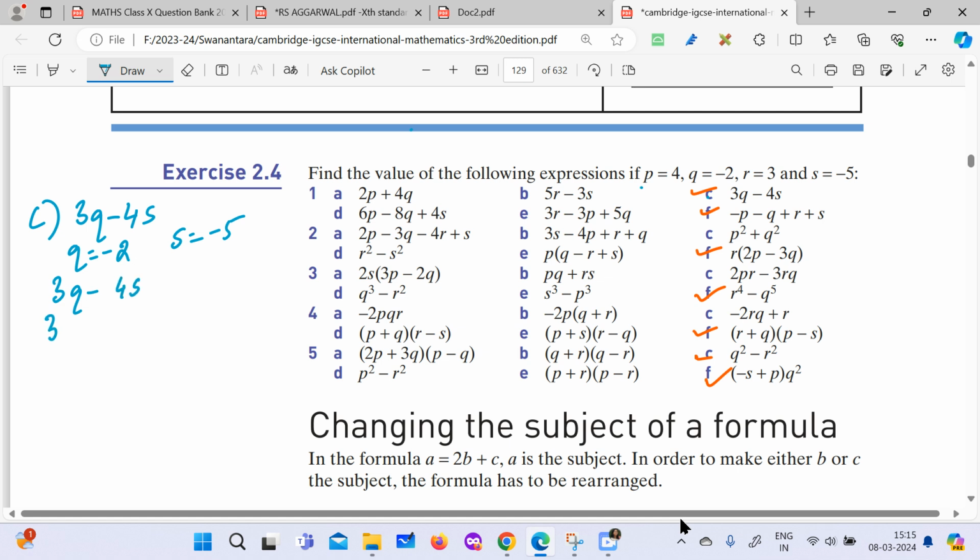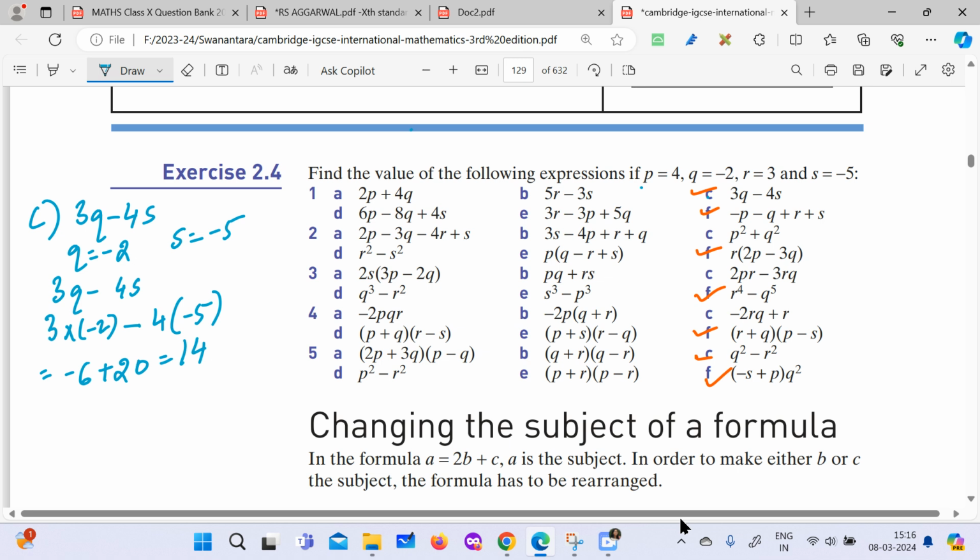So this will become 3 times minus 2 minus 4 times minus 5. So you get minus 6 minus, so you get here 4 times minus 5 is minus 20, and minus 20 into minus you will get plus 20, and then 20 minus 6 will give you 14. Am I right? Yes. Good.